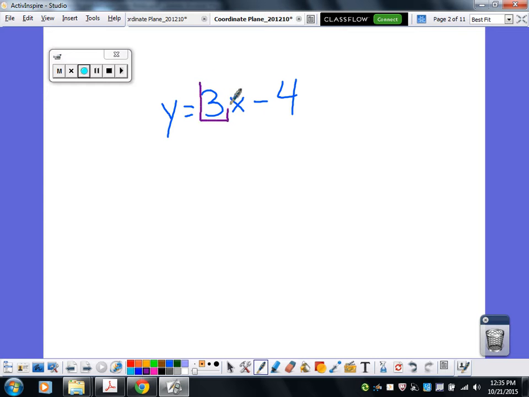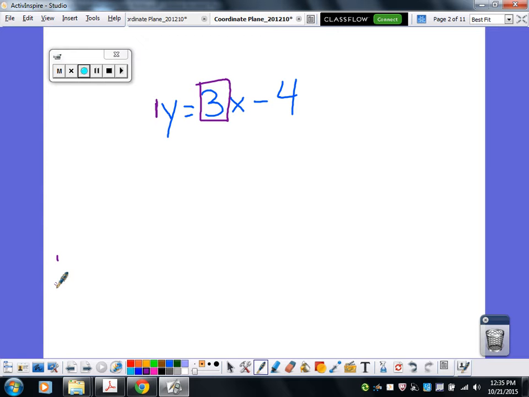So 3 would be considered a coefficient. 3 is the coefficient of x. There's another coefficient. What is it? It's 1. That's right. There is an invisible 1 in front of this y. So 1 would be considered the coefficient of y. Understand? All right. And what about the -4 that we haven't really mentioned?